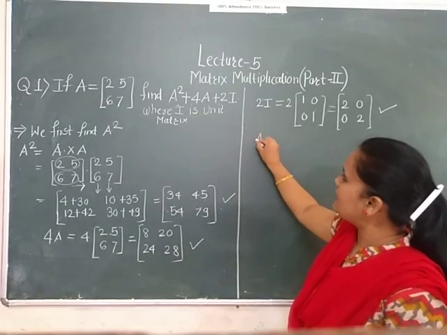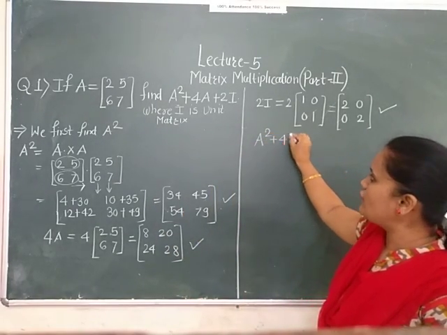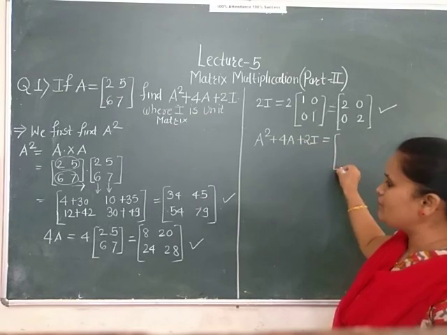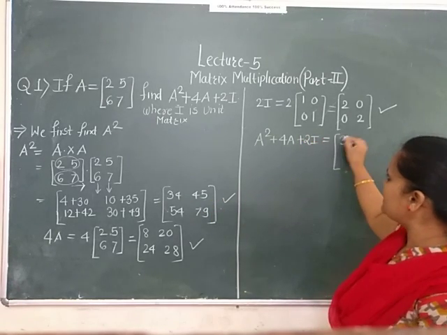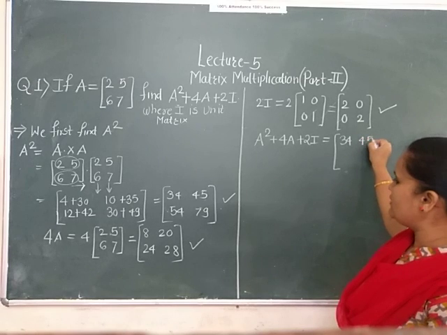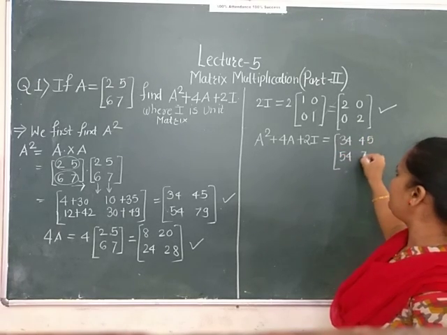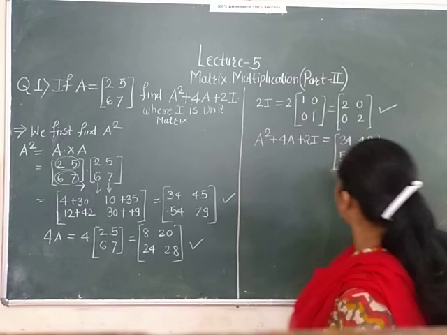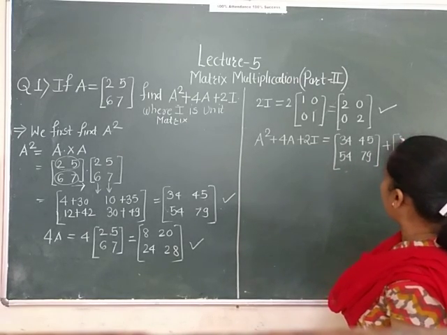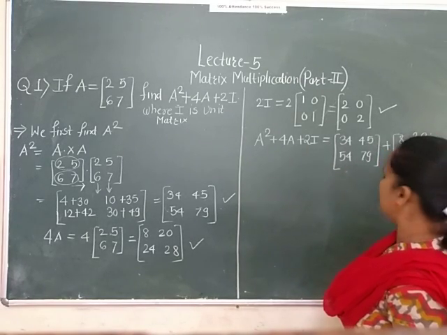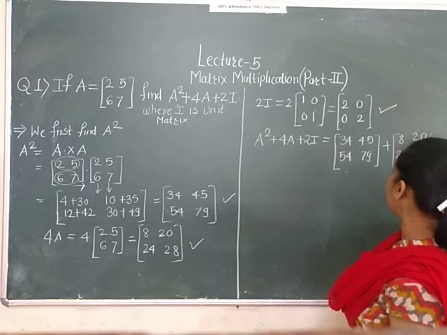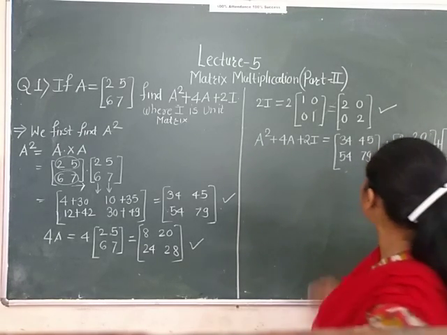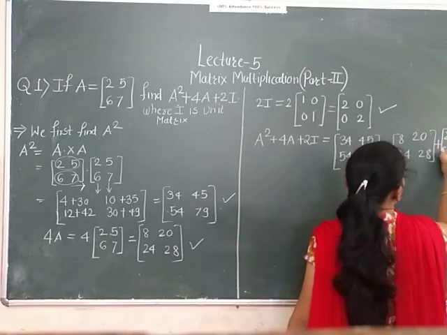I will write here A square plus 4A plus 2I is equals to A square की वैल्यू है 34, 45, 54, 79. Okay, plus 4A, this is 8, 20, 24, 28, plus 2, 0, 0, 2.